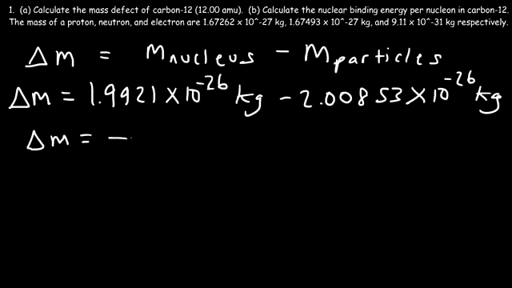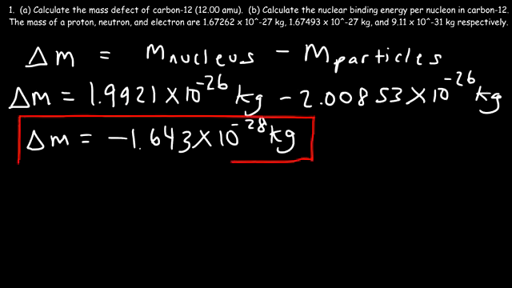This is going to be negative 1.643 times 10 to the negative 28 kilograms. So that's the difference between the mass of the carbon nucleus and the mass of the individual subatomic particles that make up the nucleus. So that's the mass defect of carbon-12.